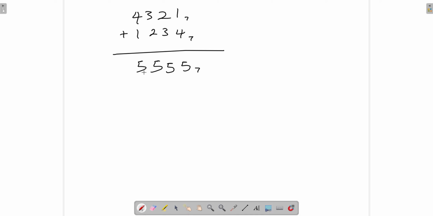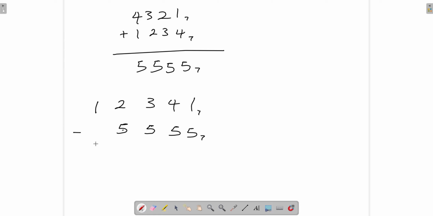So we've got 5555 base 7 as the addition of these two. So we subtract this from the general answer to get the missing number. We have 12341 base 7, we're calculating in base 7, and we have 5555 base 7.